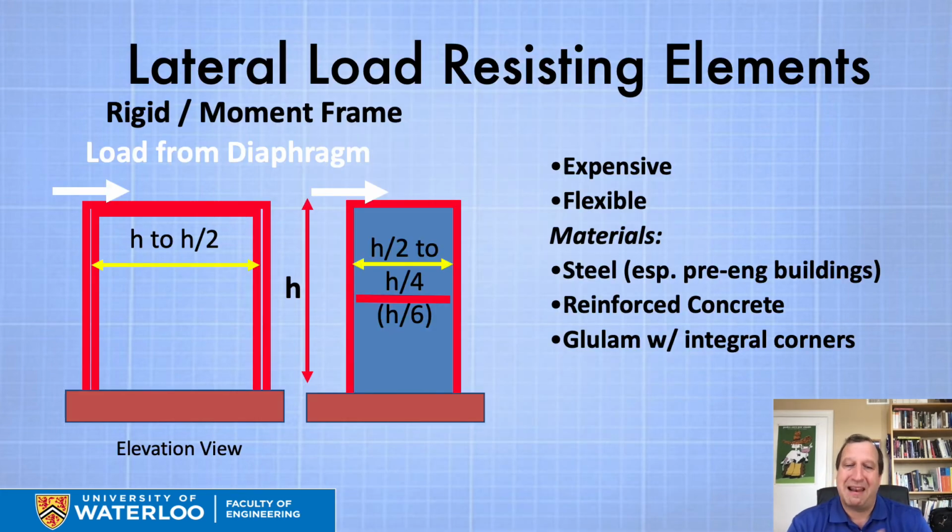Now, the last of the common load resisting elements is called a rigid frame or a moment frame. This means that the vertical elements and the horizontal elements are connected to resist bending moments. They tend to be expensive because of the cost to do the connection. They tend to be expensive because of materials, but they give us those openings that can be important for particular architectural applications.